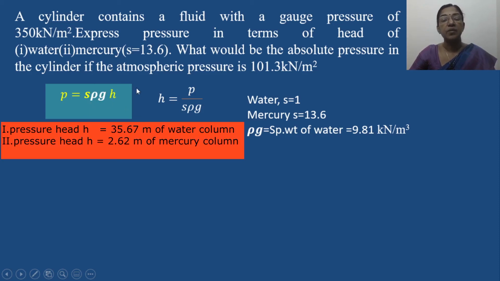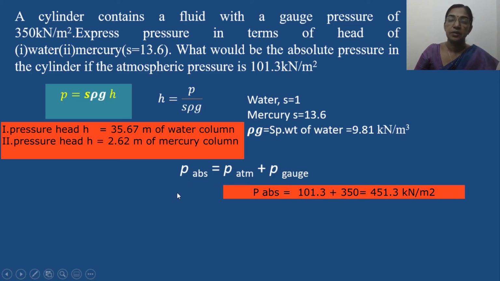So you can very well calculate the pressure head in terms of water and mercury. Now we have to calculate the absolute pressure. We have learned previously that absolute pressure equals atmospheric pressure plus gauge pressure. The atmospheric pressure is given and the gauge pressure is available, so you can calculate P absolute.